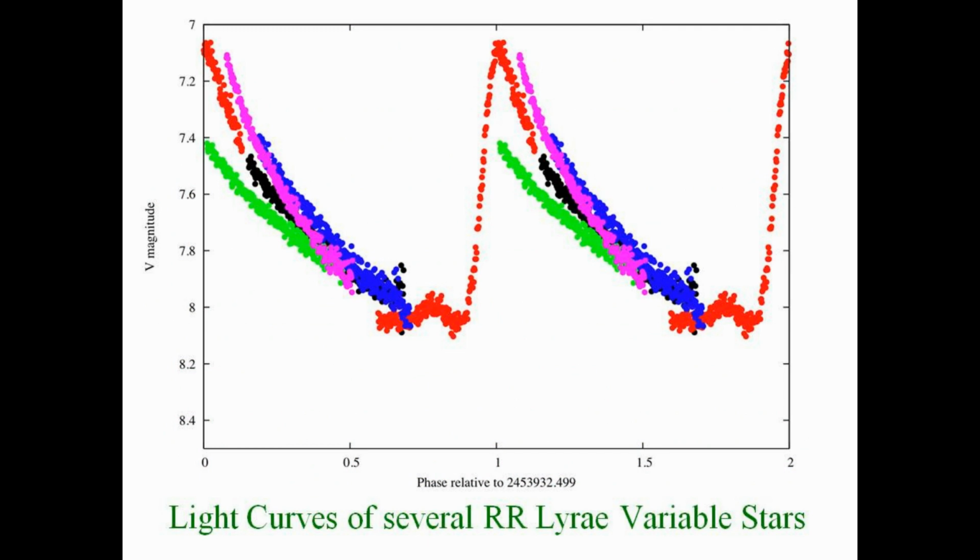So then there are RR Lyrae variables, which we'd also like to calibrate accurately. They're like the Cepheids. They have a gradual decline, sudden uptick, gradual decline, but right at the bottom there's a little bump, which makes them very easy to pick out from their light curves. They're almost as bright as the Cepheids, not quite, but they're still among the brightest stars in any galaxy that you look at.